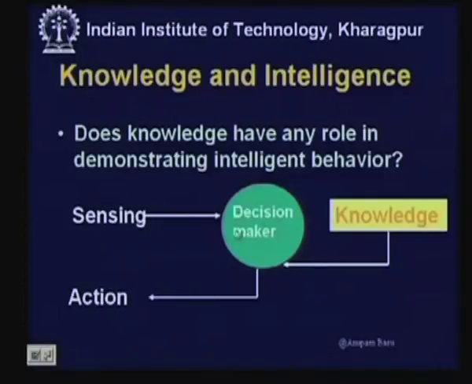Now, when this decision maker senses some event from the environment, maybe the temperature has gone up very high and we have to act accordingly, the decision maker takes the help of knowledge to decide what to do, given the environment it has sensed, given the fact that it has observed.